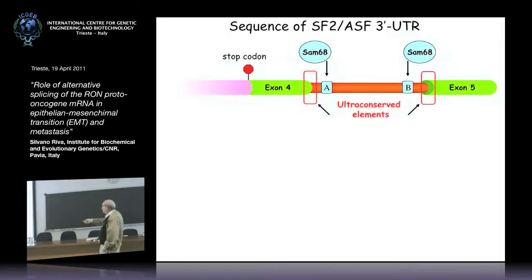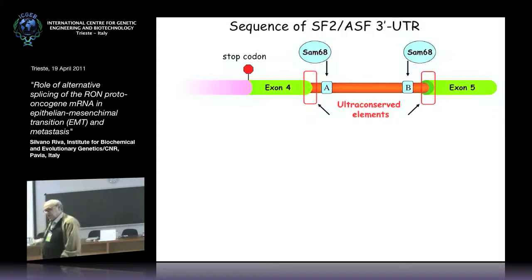Next to it, there are two binding sites, very good consensus, for this protein, SAM68. SAM68 is an RNA binding protein, very important. The splicing regulator is called SAM68 because SAM stands for Src activated during mitosis.